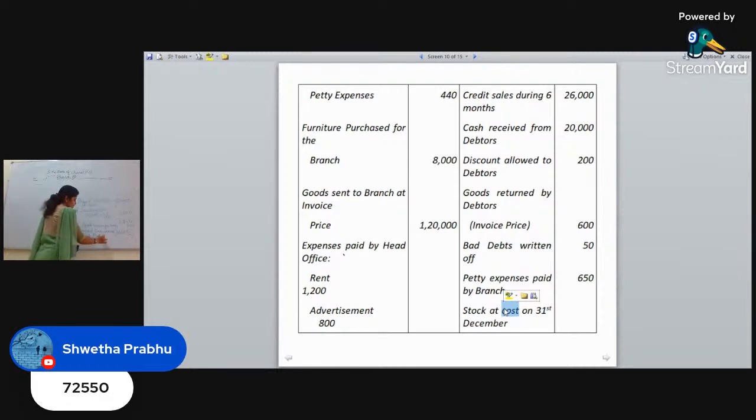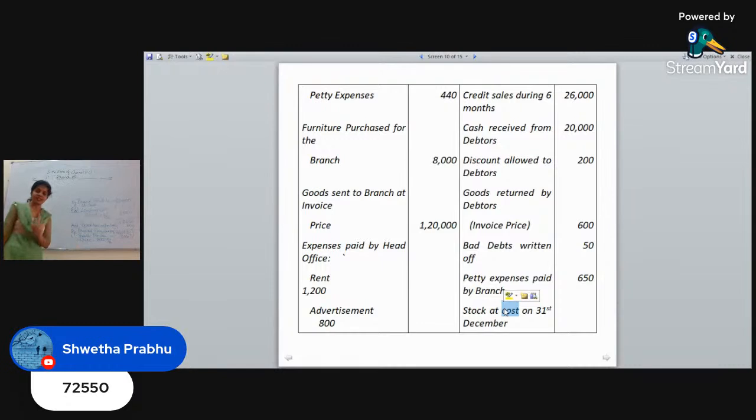By branch furniture. What is the amount of furniture? 8,000 rupees. But we have to deduct depreciation. What is the percentage of depreciation given? The percentage of depreciation is 10%. 10% on what? On 8,000 should be taken. 10% on 8,000 is 800. But this 800 rupees is for how many months?